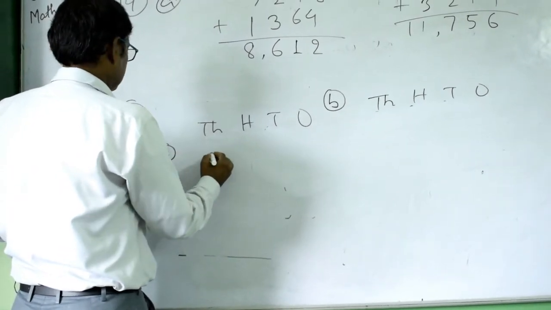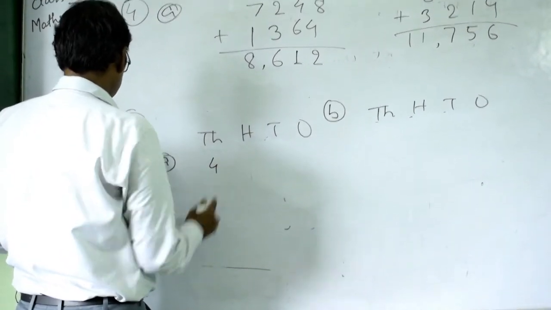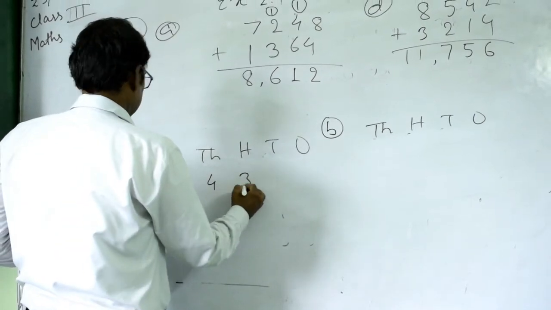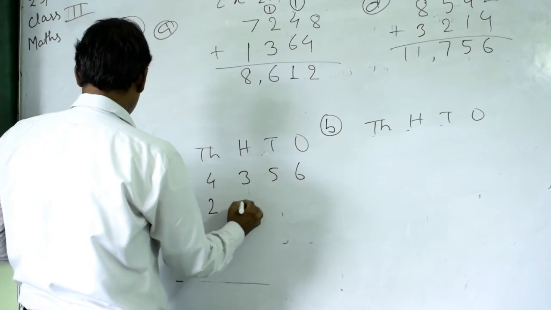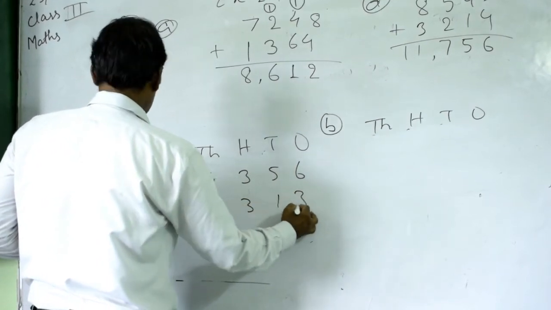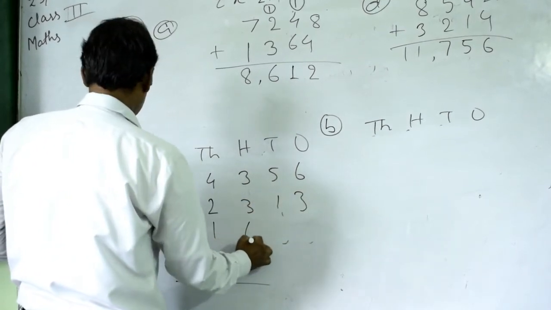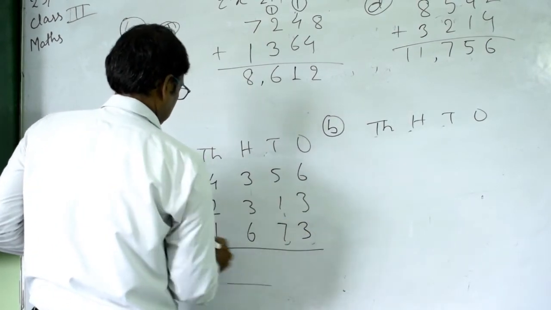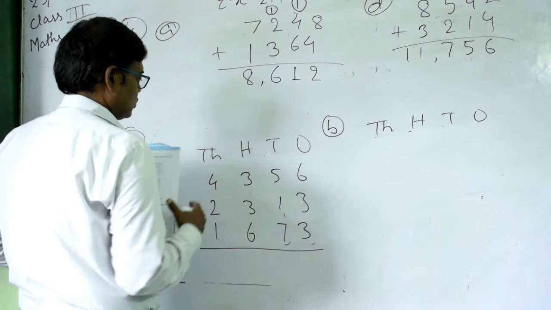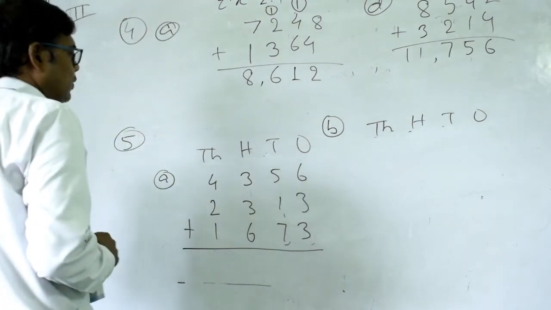You have 3 numbers here. Like one number is 4,356, and other number is 2,313, and the third number is 1,673. So you have to add these 3 numbers. So how will you add here?